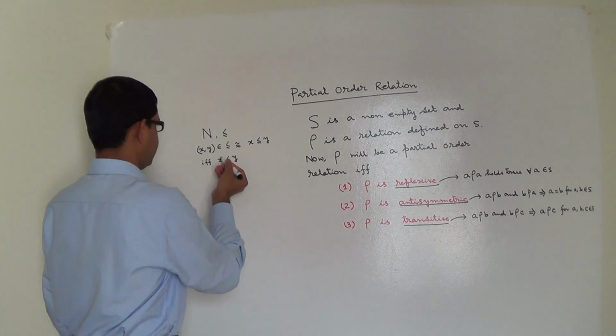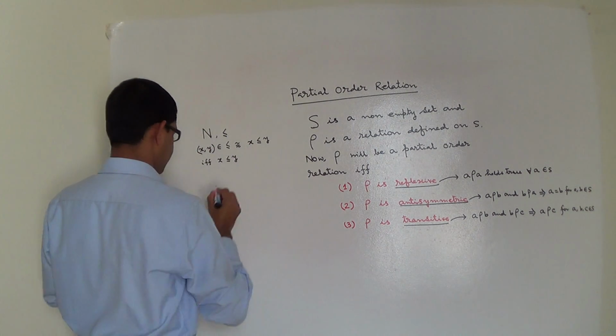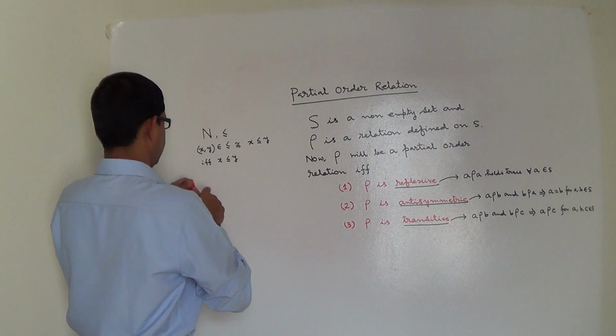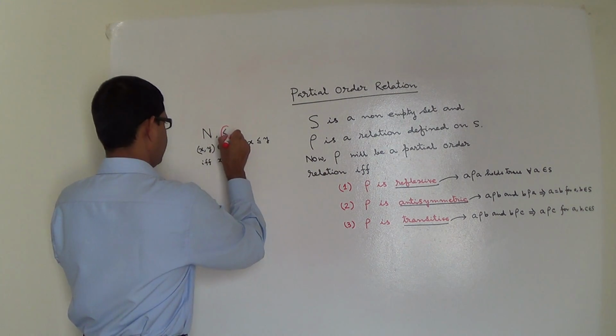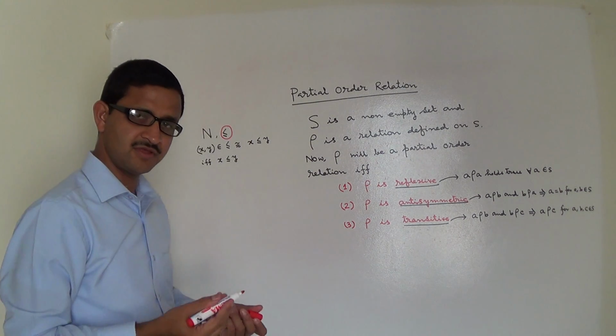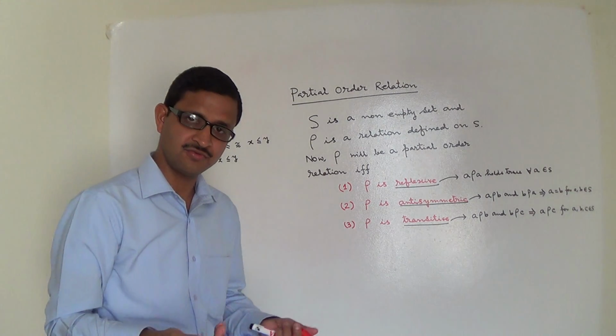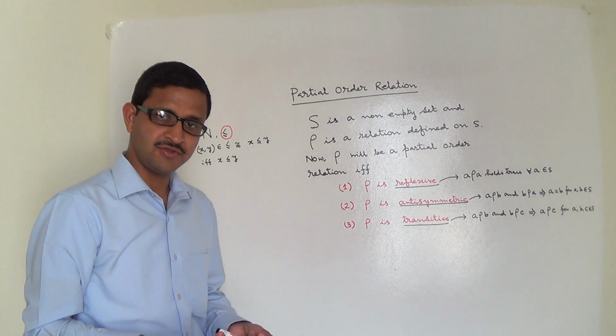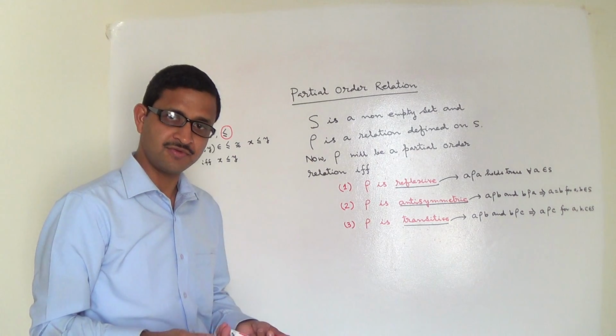Now it is very clear that the relation less than equal to is reflexive because x is less than equal to x for any x belongs to S. It is antisymmetric. Why?